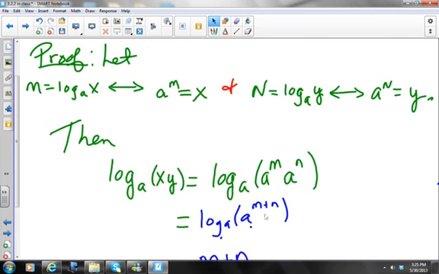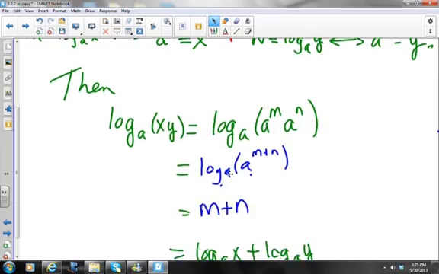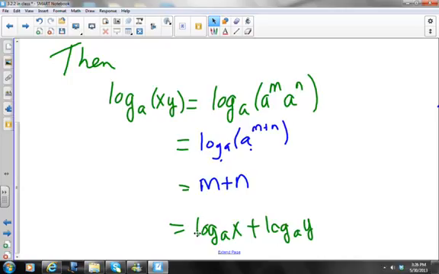What's very nice here is that the way we get to the right-hand side is by using a property about exponents, which is that a to the m times a to the n is simply a to the m plus n. Once we do that, using a property on a previous page, we know that this is simply equivalent to m plus n. And so we have log base a of x, because that's what we said m was, plus n, which is simply log base a of y. And so we've proved that property.